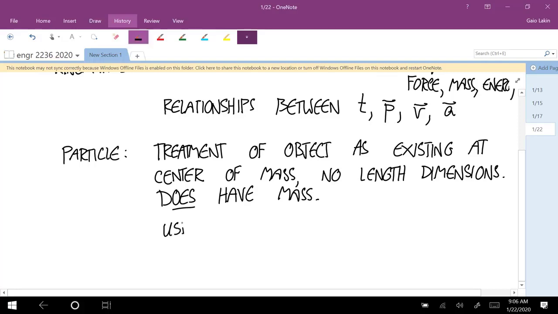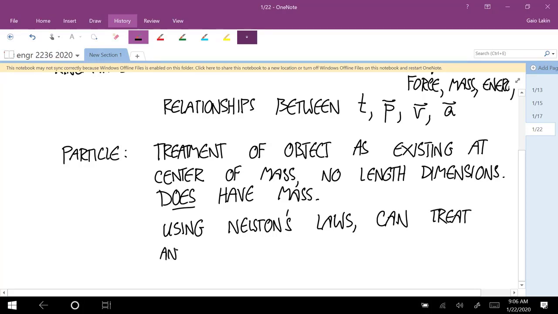Using Newton's laws, which is what we're going to do here, you can treat anything as a particle if you don't care about the object's orientation.